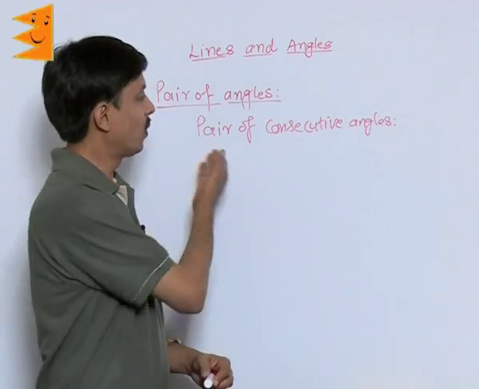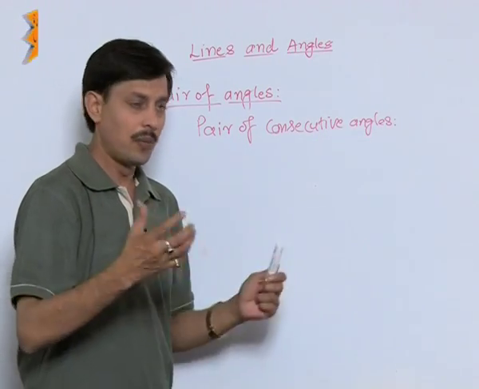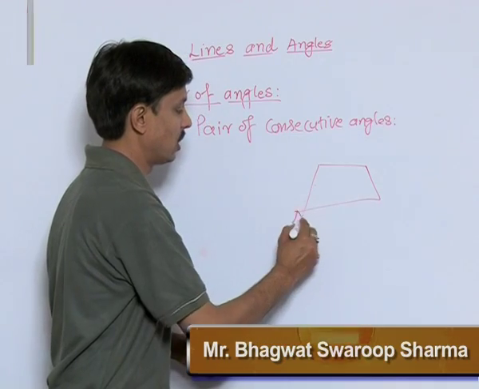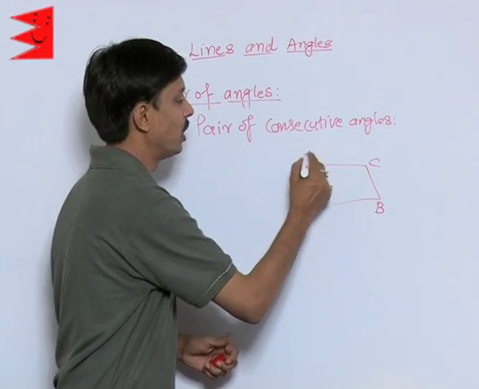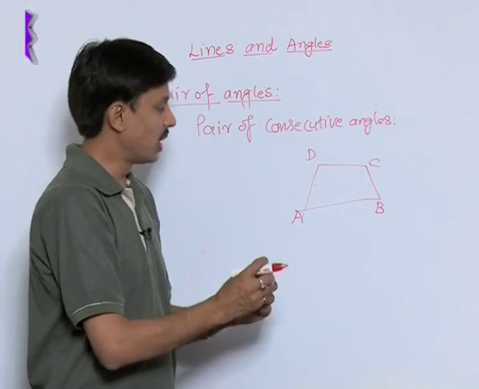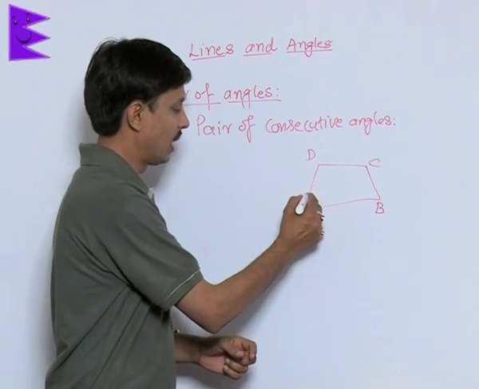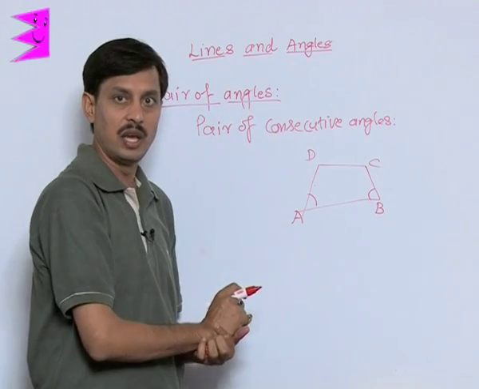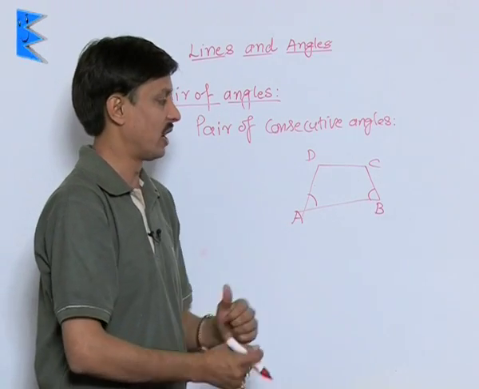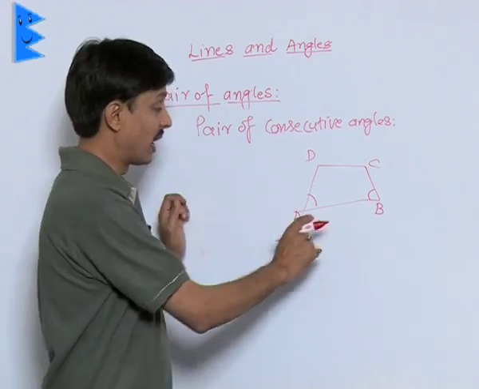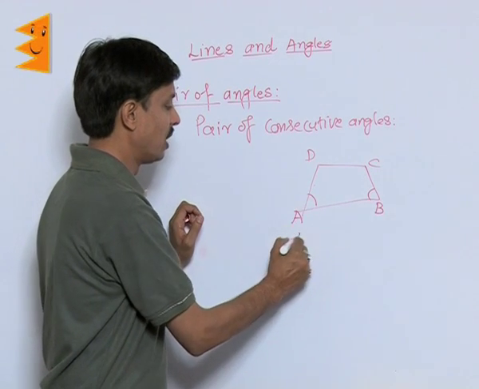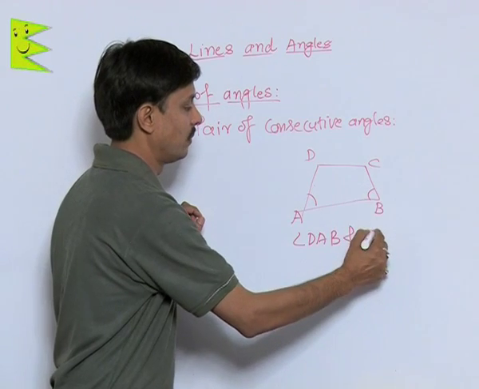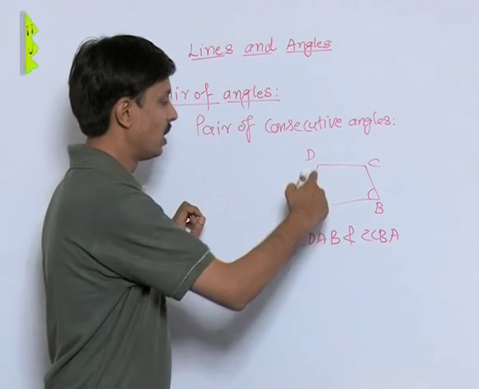What is the pair of consecutive angles? If I draw any quadrilateral here, it is like this: A, B, C, D. Here you can see angle A and angle B. It is vertex A, angle A. This is on vertex B, angle B. If I write the complete name of these angles, this is angle DAB and another is angle CBA.